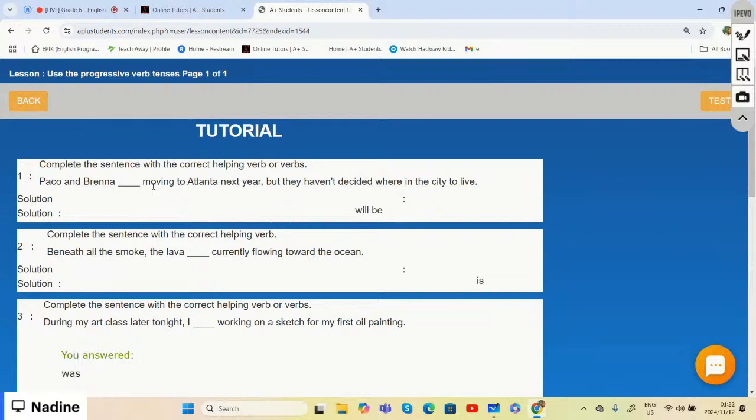All right. So now it says Paco and Brenna moving to Atlanta next year, but they haven't decided where in the city to live. What helping verb are we going to add over there?